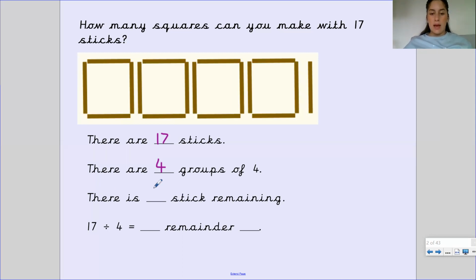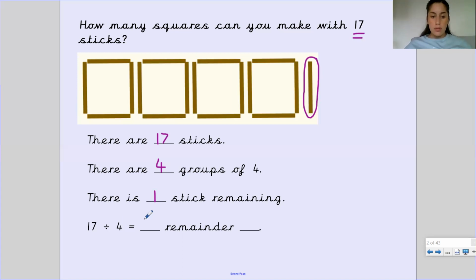There is how many sticks remaining? Well, we can see that here we've got 1 stick left over that we weren't able to make a complete square with. So there is 1 stick remaining. So therefore, when making groups of 4 with the number 17, so if we were to divide 17 by 4 and put them in equal groups of 4 like we've done here, 17 divided by 4 equaled how many groups of 4?